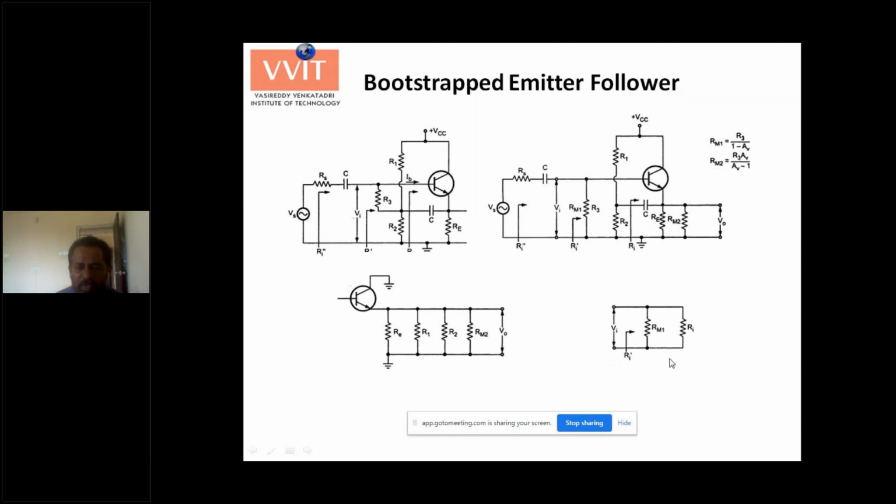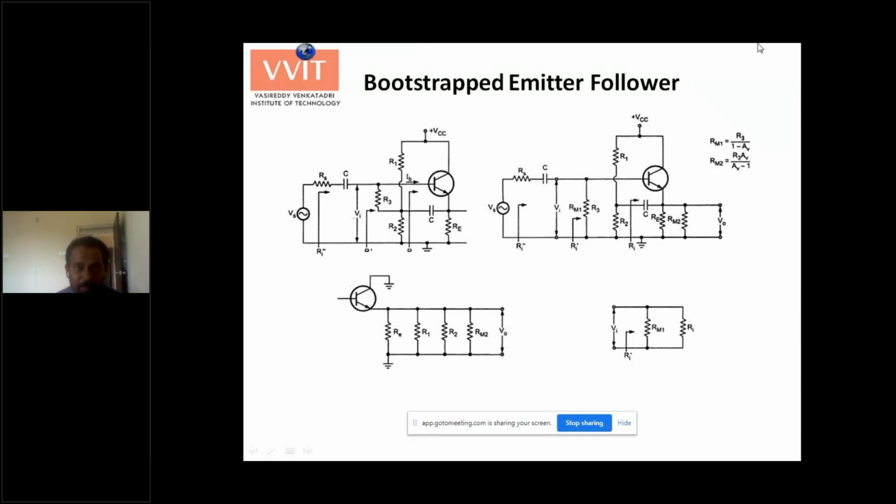So what happens to the input resistance? Ri is in parallel with a large value. Even though R3 is 10 kilo ohms, this becomes quite large. Why quite large? 10 divided by 1 minus 1 becomes infinity, almost infinity. Therefore, the effective input resistance will be the same as Ri.